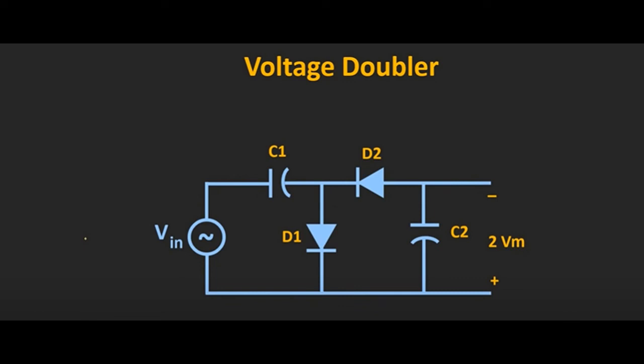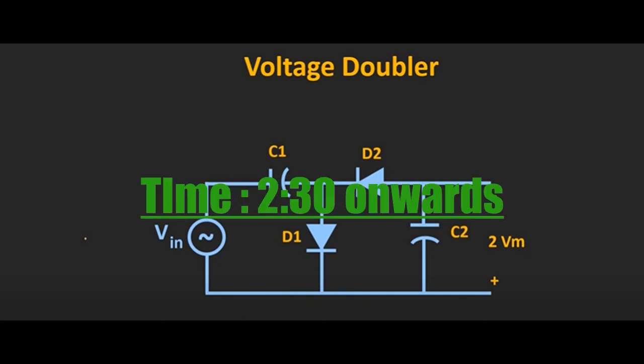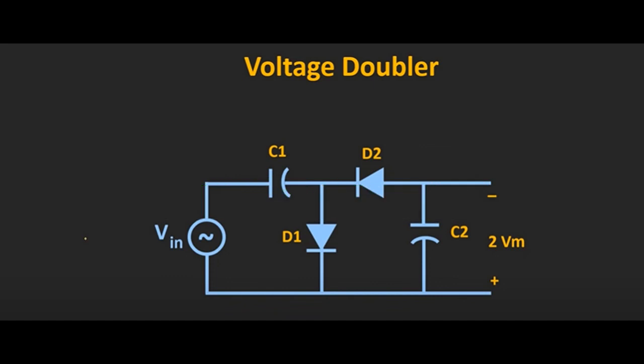The analysis of this circuit is given in the video that I have put in the description box, and you can start from the timestamp. This will be the desired waveform across our circuit as well.